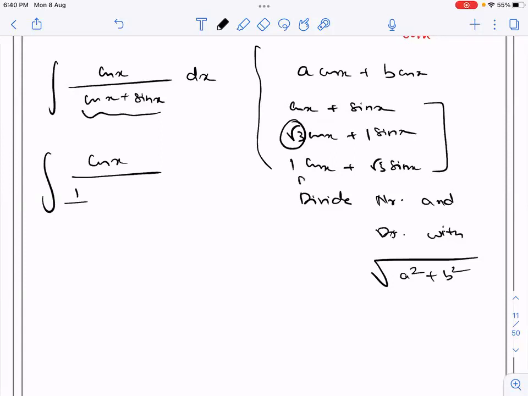Actually, one more point: multiply and divide the denominator by root of a squared plus b squared. So what will I get?